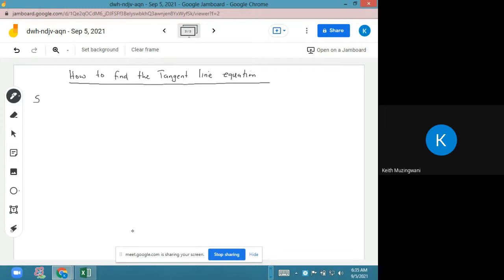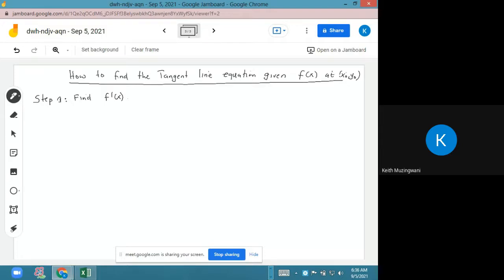Step 1: given f of x at (x naught, y naught), find the derivative of f of x.